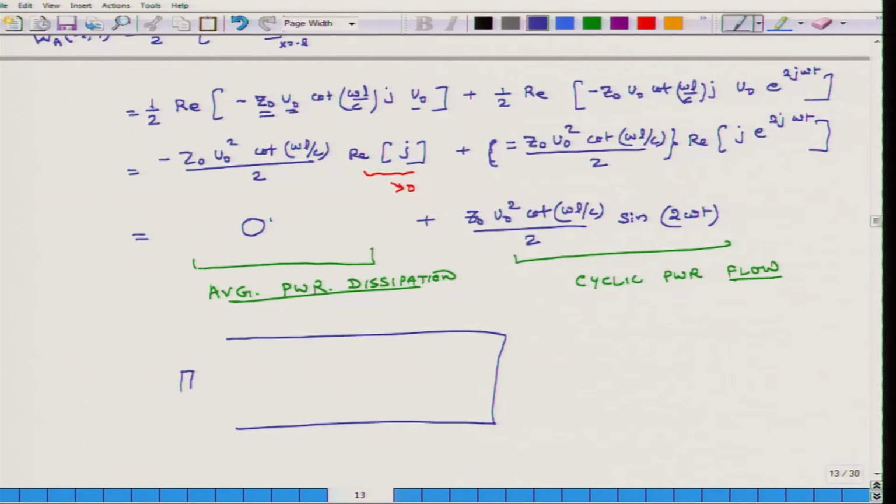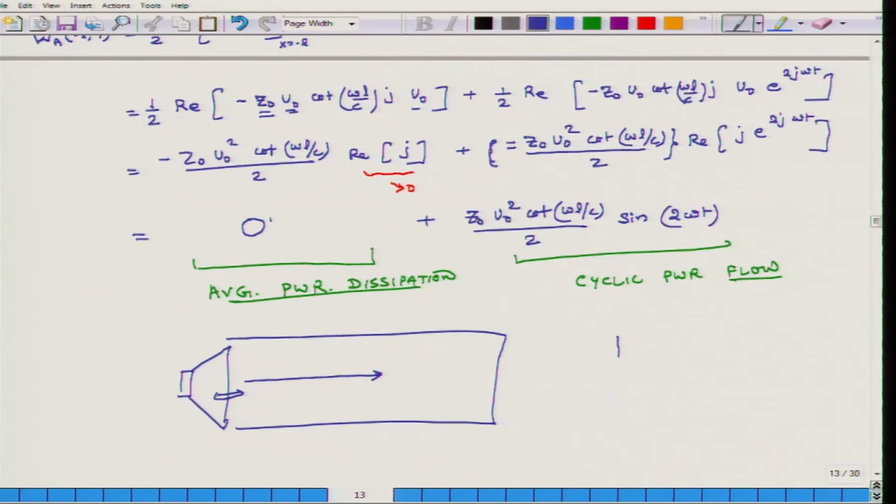and I have a loudspeaker which is moving back and forth, the total amount of power which is getting dissipated, which is getting absorbed by this tube is 0. Okay, that is what it means.